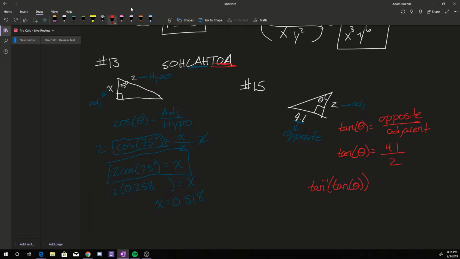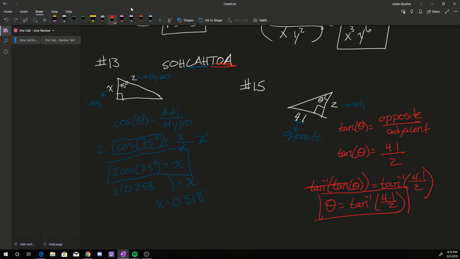And you don't have to show this step, but this is what's happening. That inverse tangent cancels the regular tangent, so we're just left with theta, and the inverse tangent of 4.1 divided by 2. Again, if you get here, you're going to get full credit.